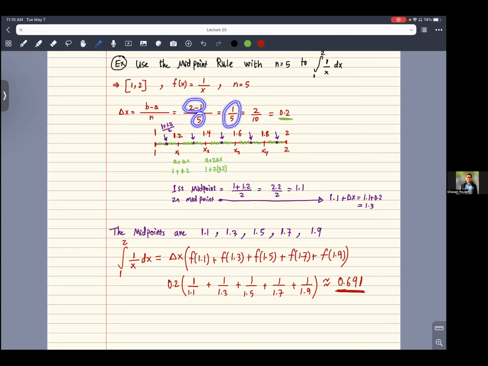Which is 1 over 5. Multiply both sides by 2, and what do you get? 2 over 10. 2 over 10 in decimal is 0.2. This is the value of delta x. You see delta x here, 0.2? I found it from here. Make sense?